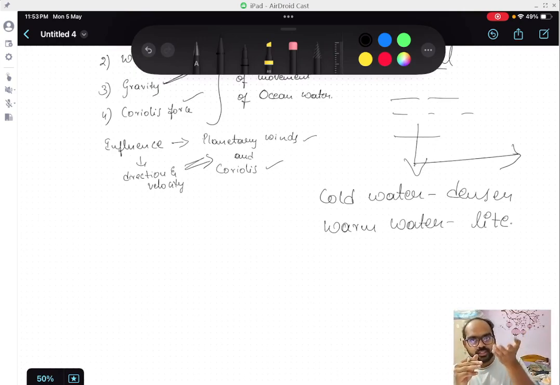The denser water at polar regions, which is very cold in nature, sinks down and moves towards lower latitude regions and rises up, resulting in the formation of cold currents. And warm water at the equatorial region will expand and move towards the polar region, resulting in the development of warm currents at the polar region, so that the temperatures at these regions are balanced, right?